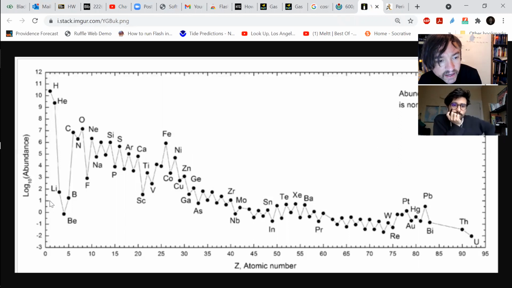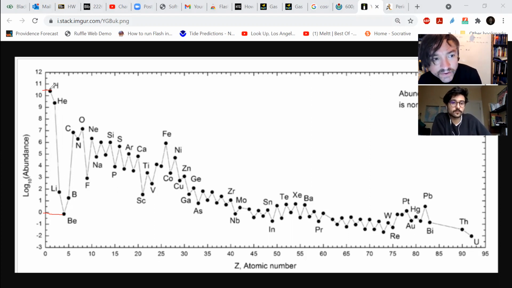So you're not just plotting numbers of elements, you're plotting 10 to the power of some power of elements. For instance, 10 to the power of 0 is 1. So they've scaled the whole thing to one of the least abundant elements in nature, which is beryllium. And relative to a beryllium atom, you get 10 to the power of 10 hydrogen atoms, 10 billion.